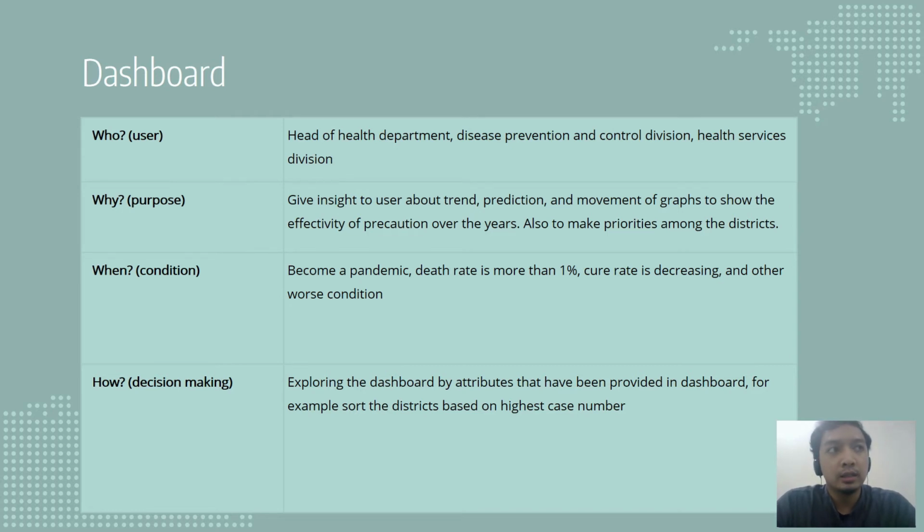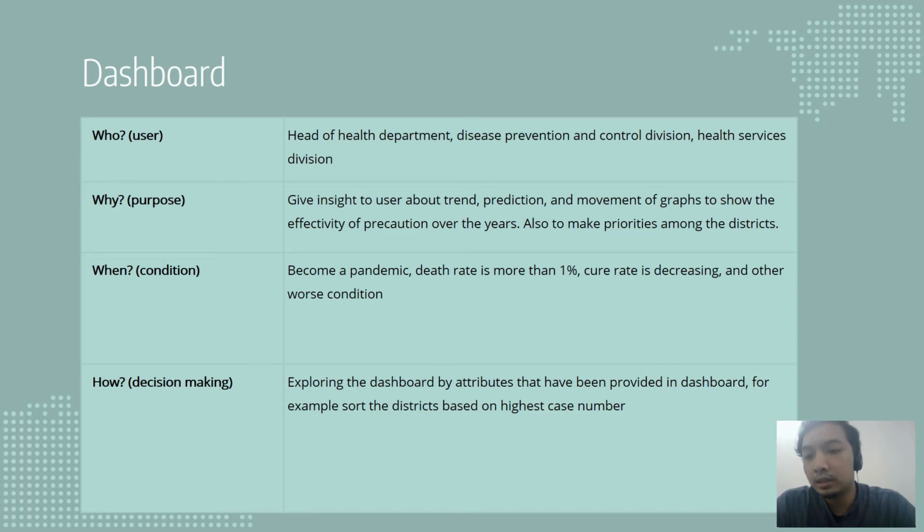As I said before, there are several government strategies to prevent and handle these cases, and this dashboard could help the government develop other strategies and prevention based on the data and forecasting.